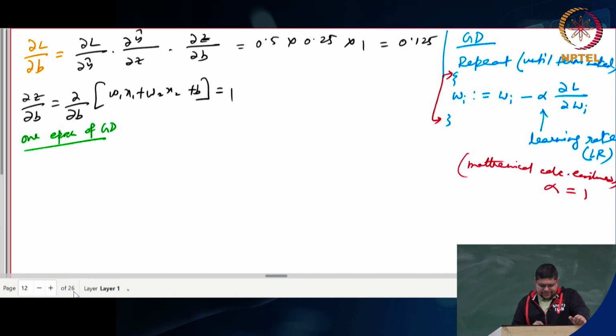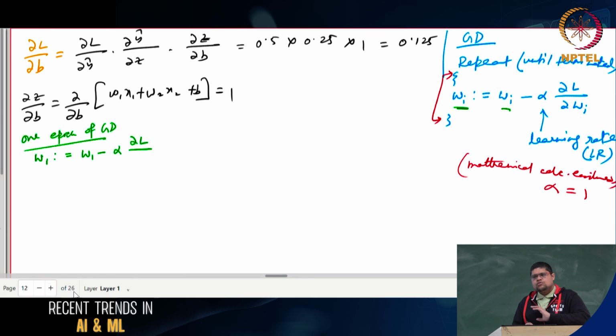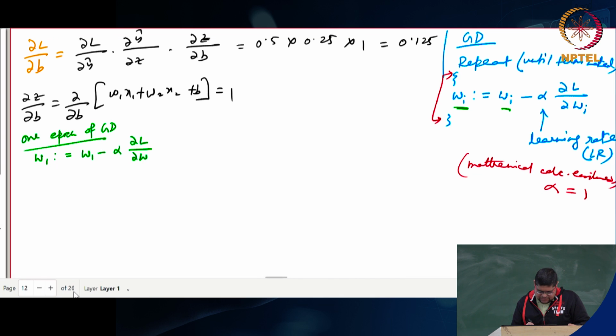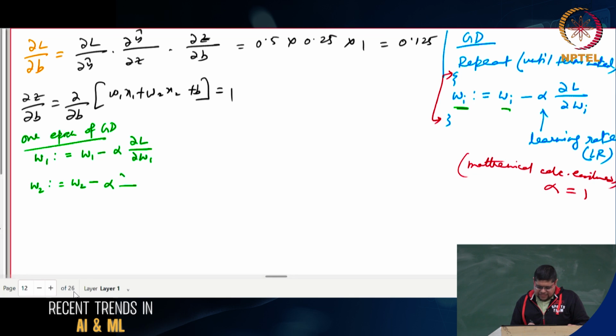What you have calculated? W1 equal to W1 minus alpha into del L by del W1, where Wi means all the learning parameters. For the new W2, what will it be? W2 minus alpha into del L by del W2.